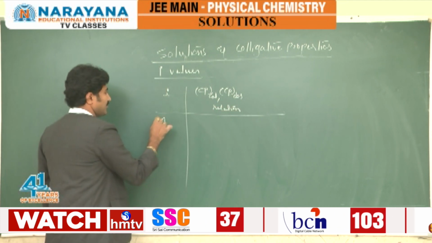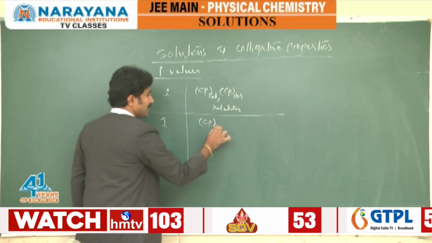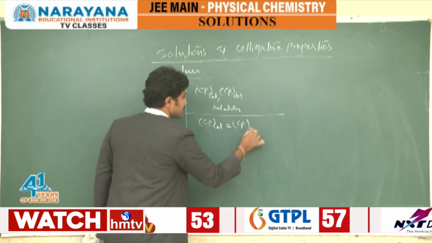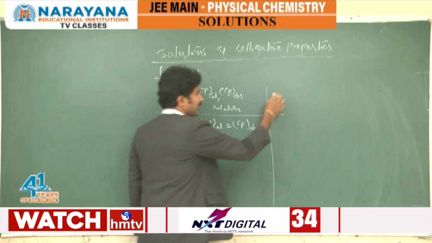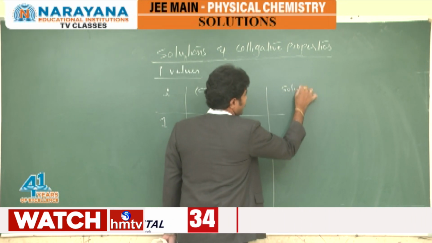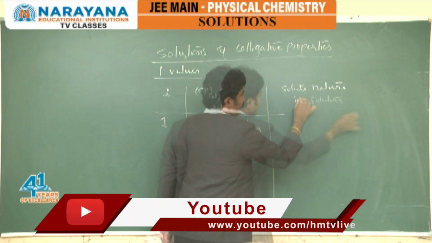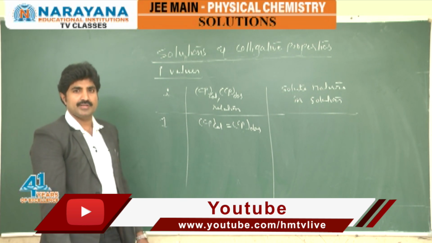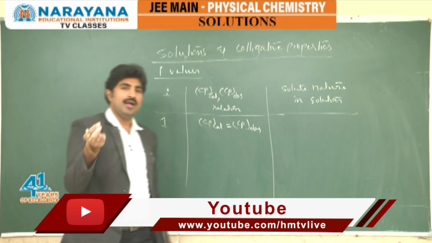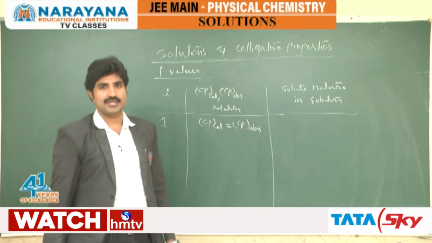Here i is equal to 1 when the two are equal, colligative property calculated is equal to colligative property observed. And what is the situation noticed here? Here, the solute nature in the solution: observed colligative property is equal to calculated colligative property, meaning whatever moles were added, those only are left in the solution state also.